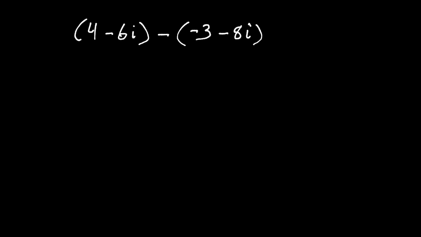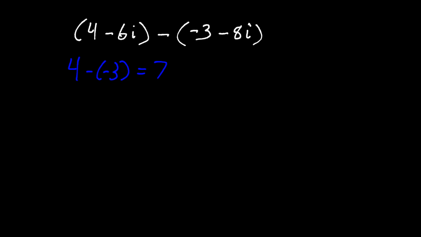So now let's say we have 4 minus 6i minus negative 3 minus 8i. We'll take our real components first, so 4 minus a negative 3. 4 minus negative 3 gives us 7.